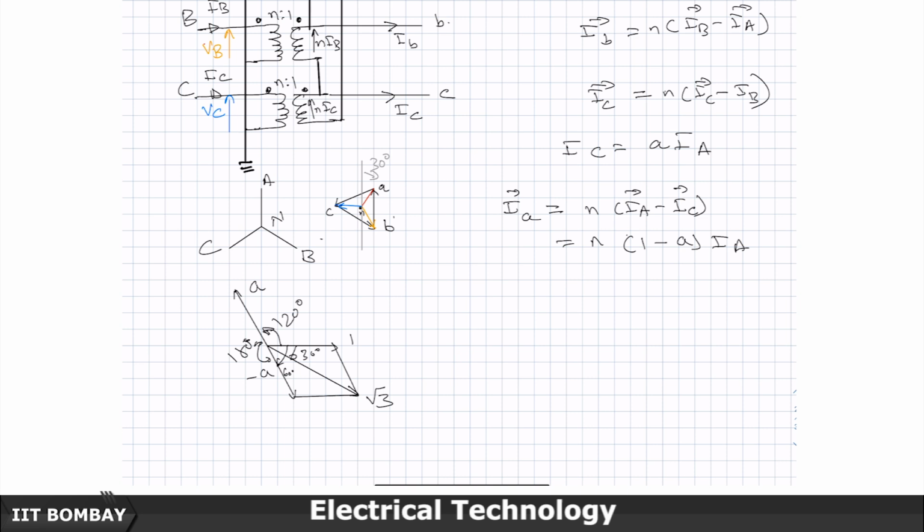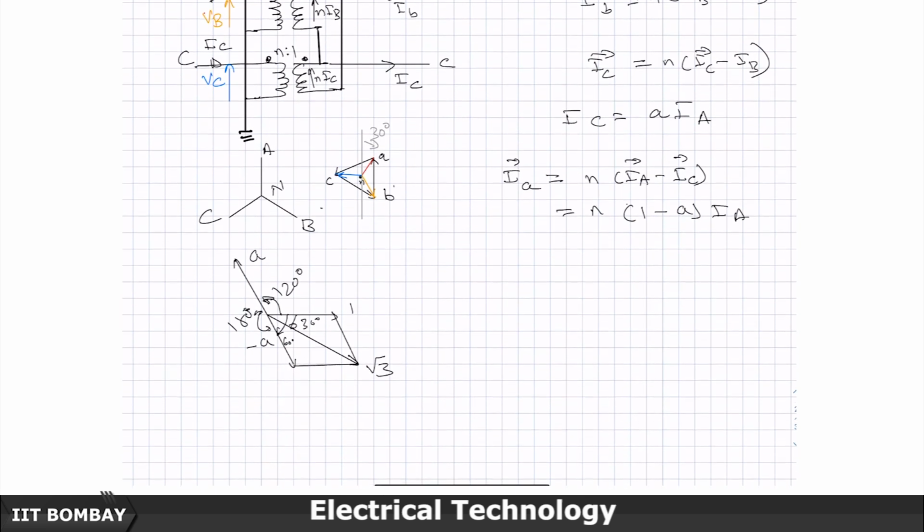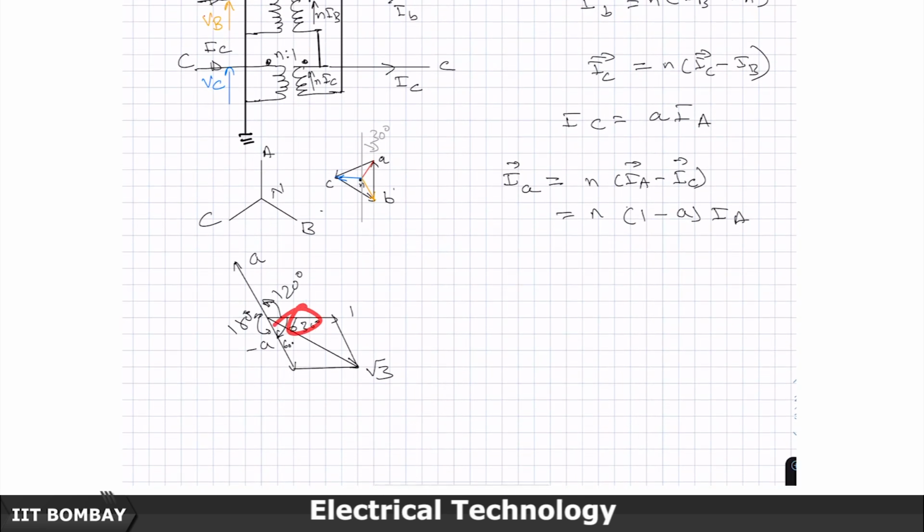So now root 3 lagging by 30 degrees, in other words minus 30 degrees.